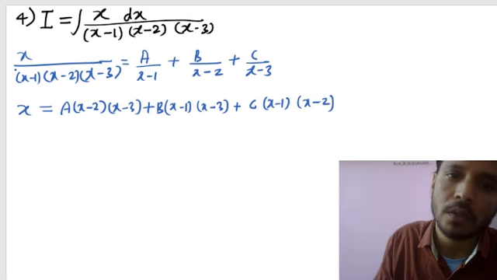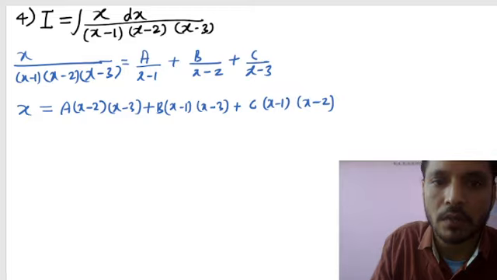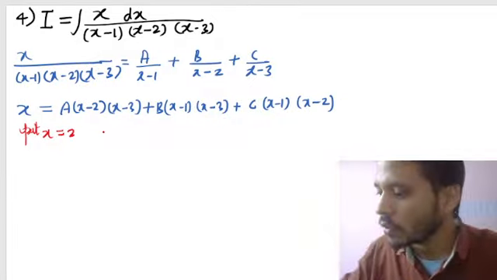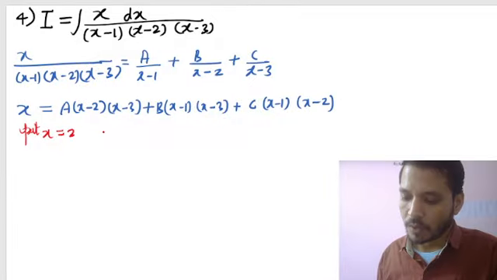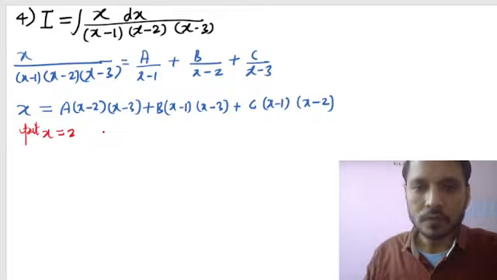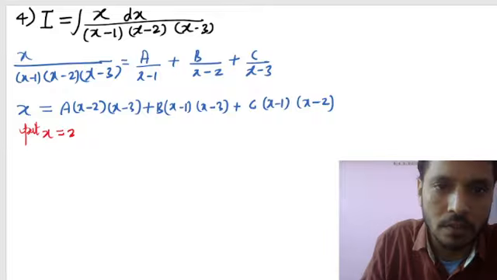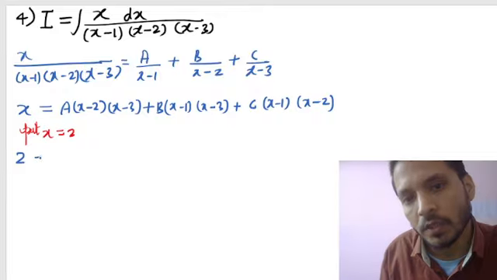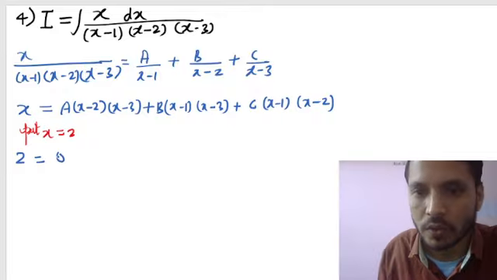Alright, now we are going to make some coefficient 0. So for that we have to put x equal to, let us suppose, 2. So if x is equal to 2, then 2 will be equal to a is going to become 0 and c also is going to become 0.